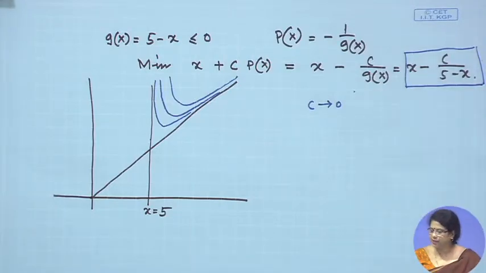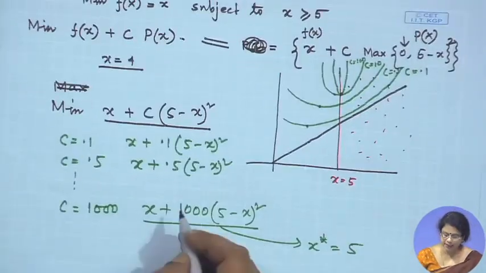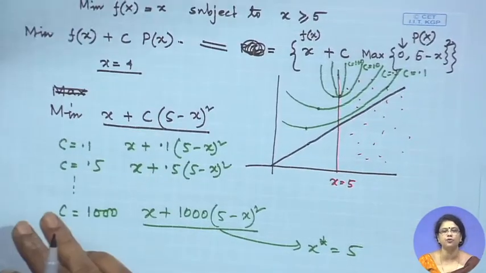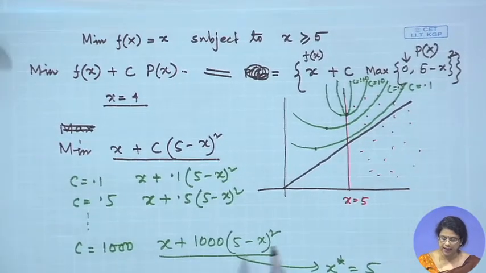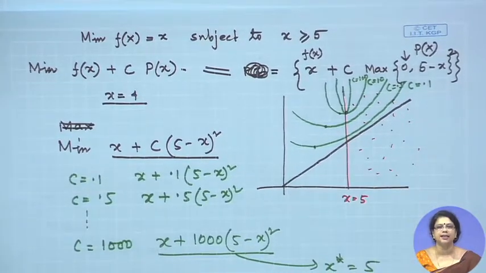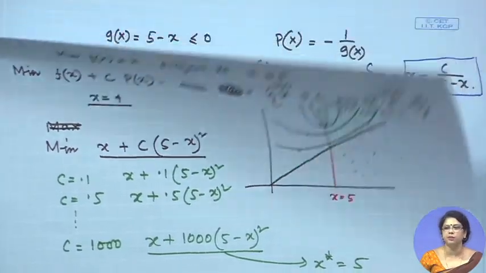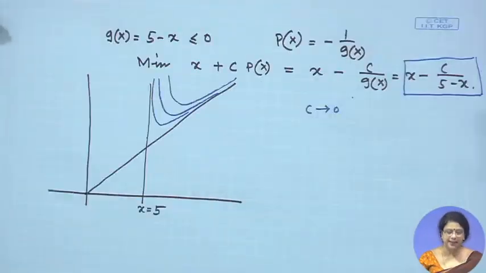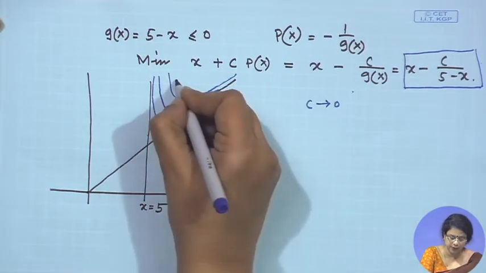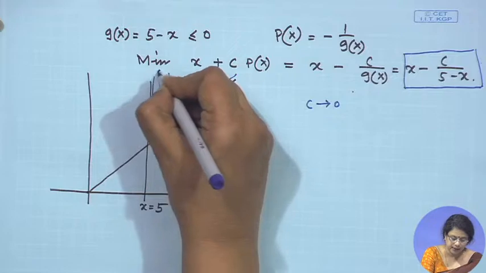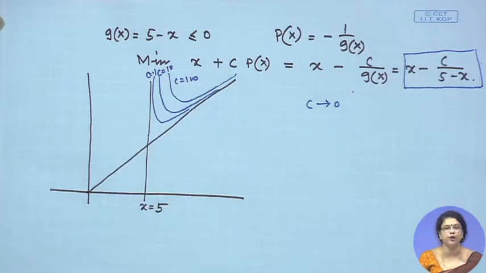Now, let us see what really is happening in both cases. In this case, when we are approaching from outside of the feasible space, as the value of c is increasing, that is c going to infinity, we are approaching the optimal solution. And in the other case, this is for say 100, this is for say 10, this is for c equal to 0.1.